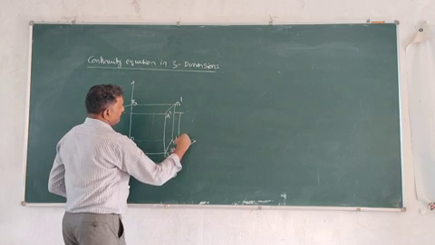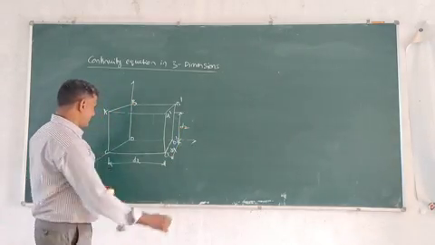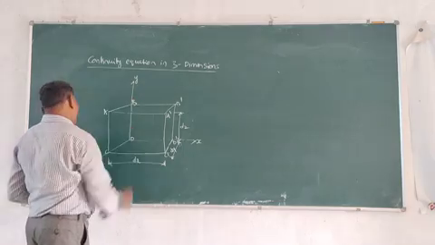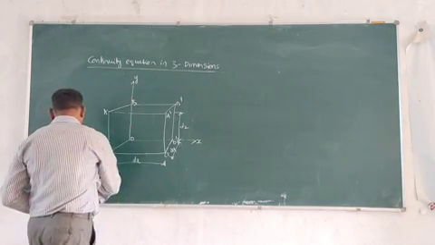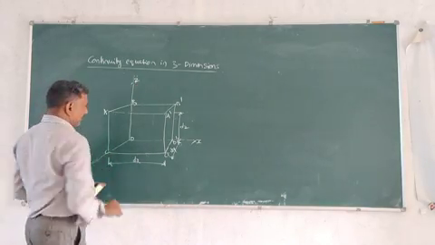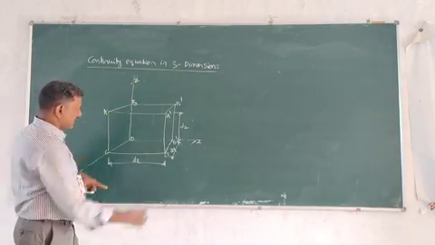Length of element in z direction is dz. This is x coordinate, y coordinate, z coordinate: x axis, y axis, z axis.